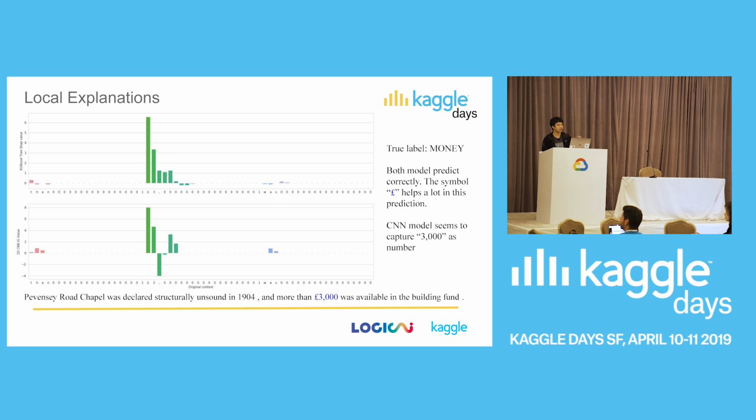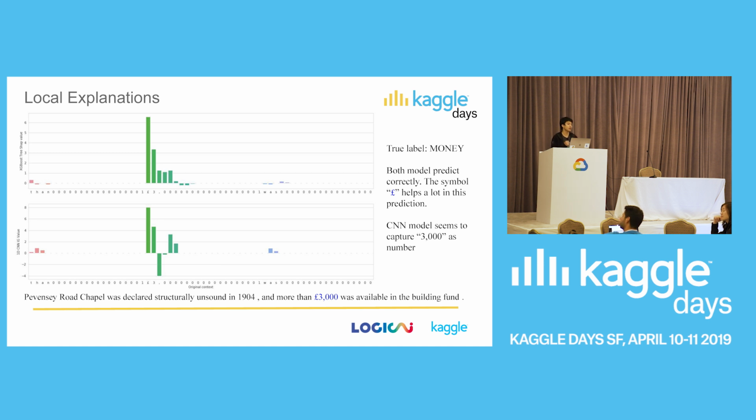If you take a look at the 3,000 token, you might see why the comma is negative in the neural network, while it's positive in the SGB boost, right? So it seems to me the SGB boost can capture this interaction between the pound and the comma.